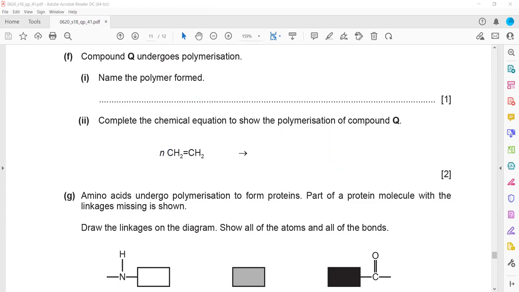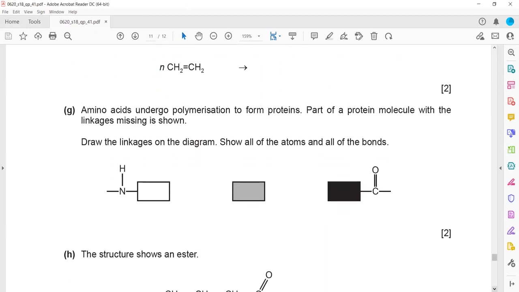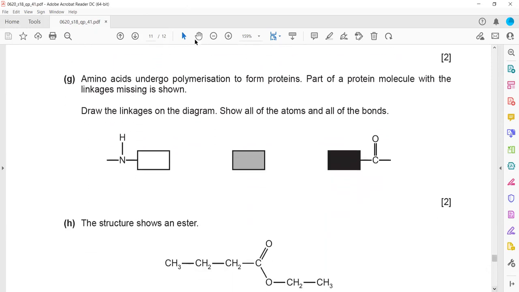Then amino acids form a protein. So remember, what is the difference between a nylon and a protein? In a nylon, one molecule will have amine groups on both sides, and another molecule will have carboxylic groups on both sides.